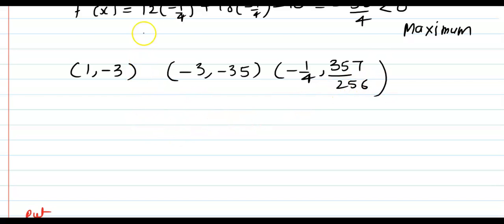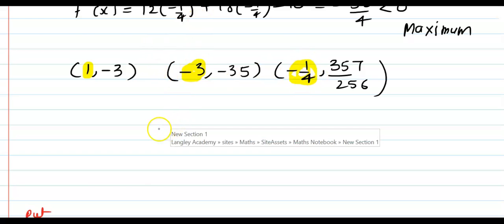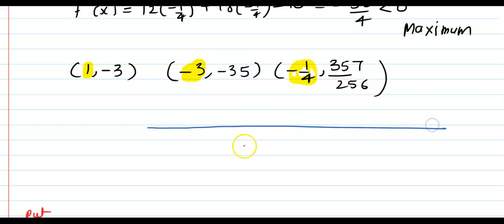We just require the x values for sketching, so let's draw them on a number line. Minus 3 is coming first, then minus 1 over 4, and the last value is 1. And we can make this bridge shape diagram.